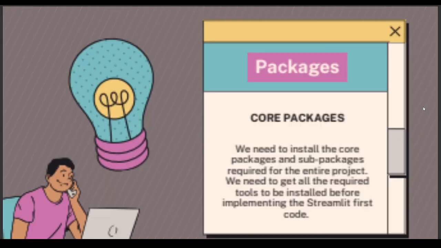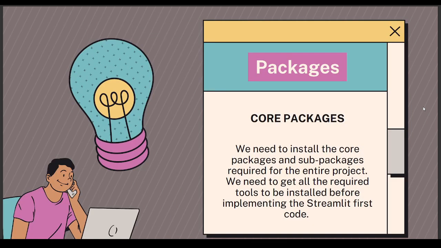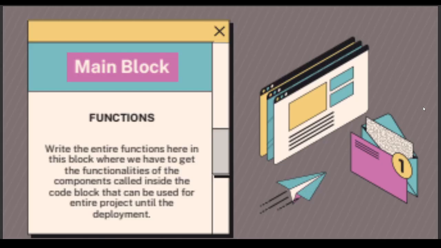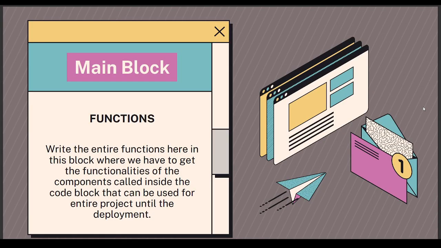Coming to packages, we need to install a few packages for the Streamlit application implementation, and for visualization packages like Matplotlib and Seaborn, but the Streamlit default package must be there. And in functions we will be writing the entire code block.